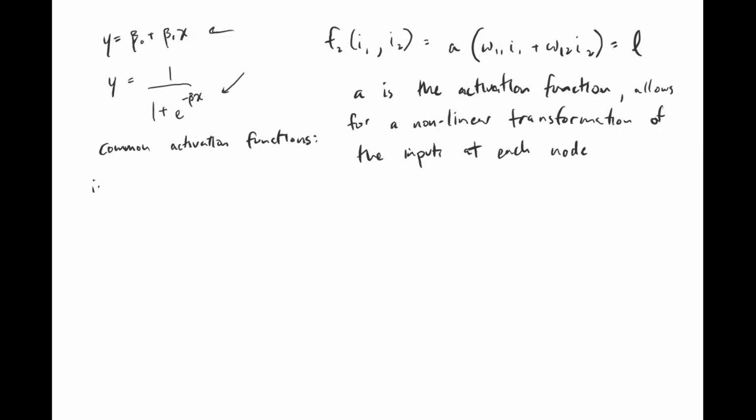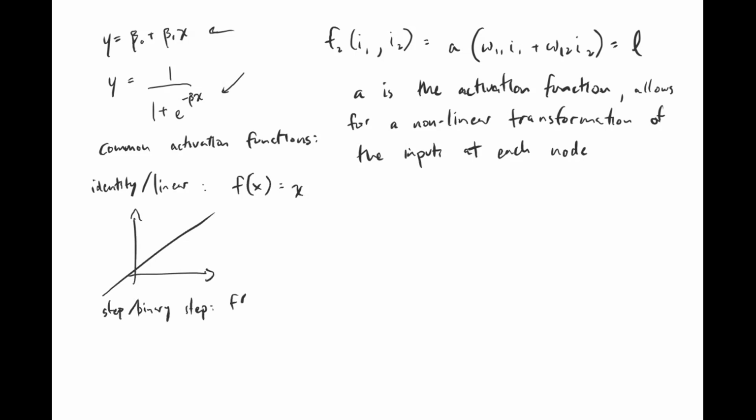So you've got the identity / linear, and this would just be f of x is equal to x. And so if I drew a plot of this, that would just be like a line. And that would be what we've been talking about and working with. Another common one is the step or binary step.